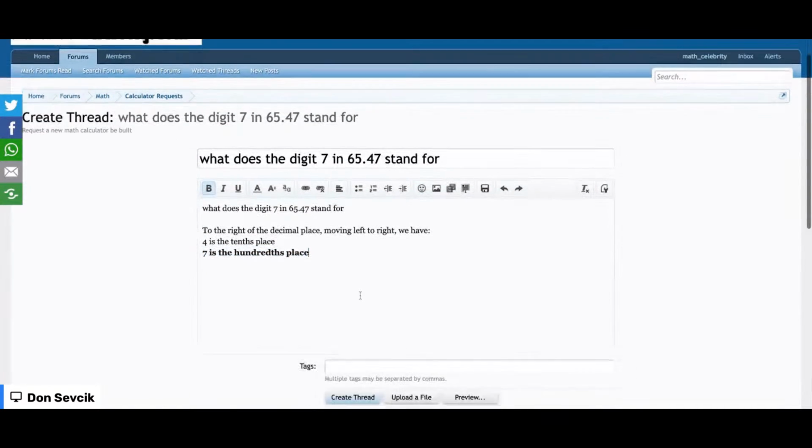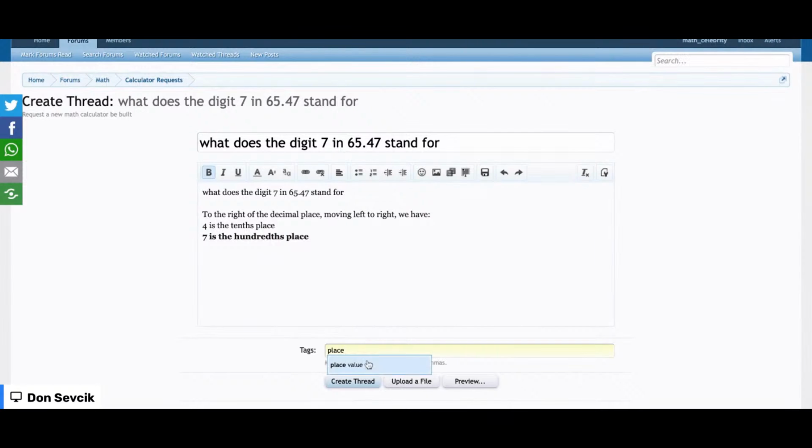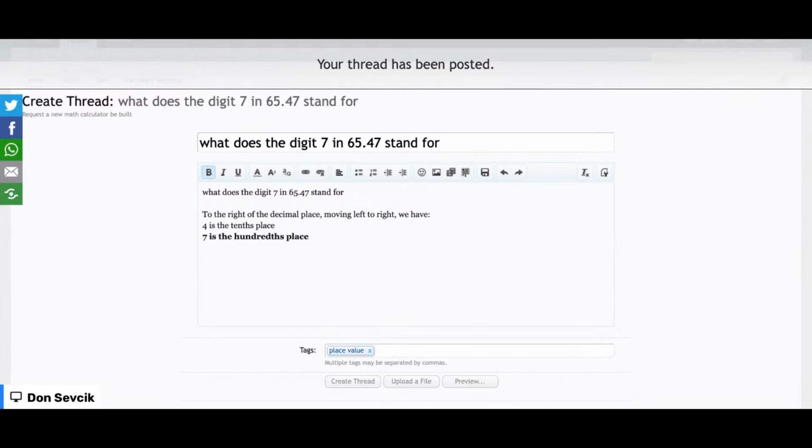So that's your answer. This is just place value. The key here is, what are they asking for, left or right of the decimal? Because they're slightly different. If you're going right, you start with the tenths, then the hundredths, then the thousandths, and so on. So that's your place value answer.